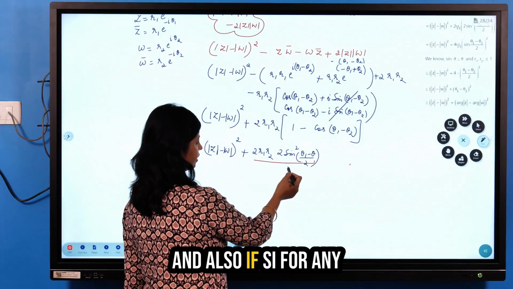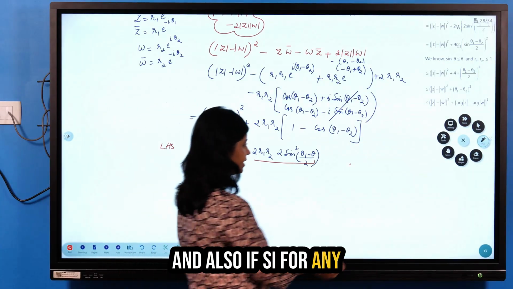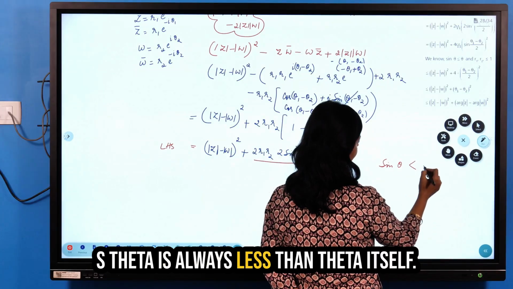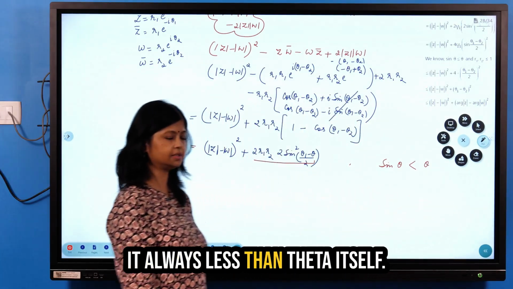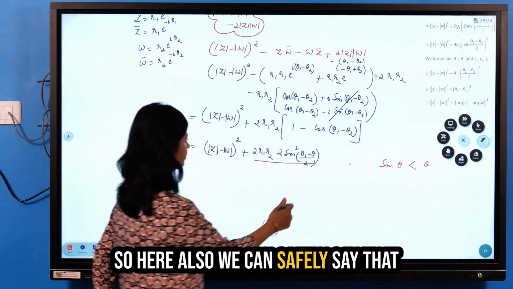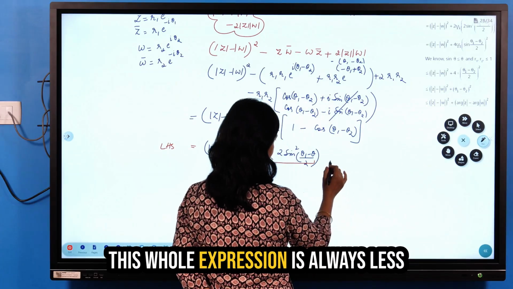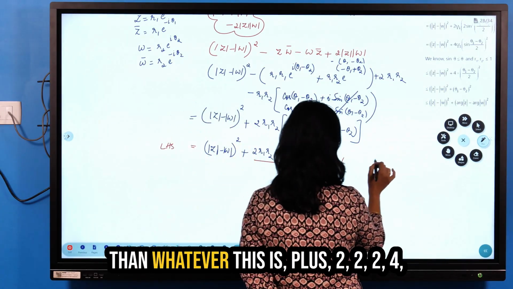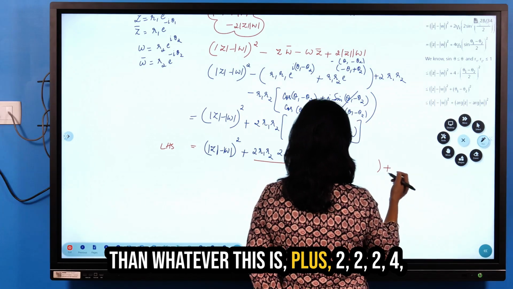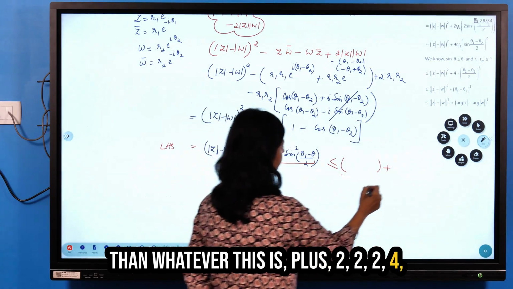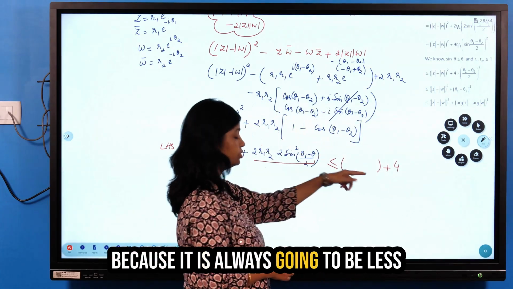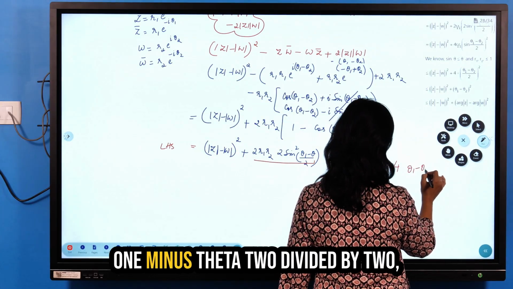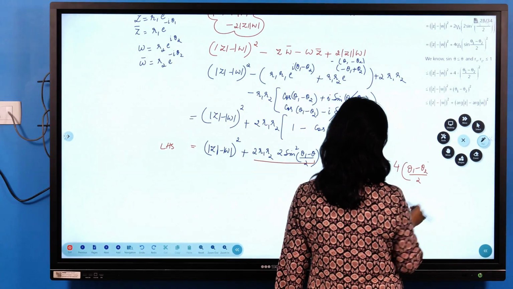And also, for any angle or a smaller angle, sine theta is always less than theta itself. So here also we can safely say that this whole expression is always less than whatever this is, plus 2 into 2, 4, because it is always going to be less than 4 times something, and theta 1 minus theta 2 divided by 2.